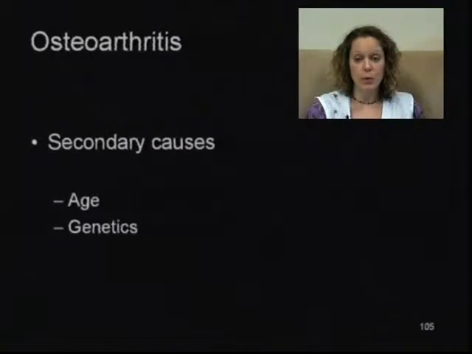So for example, secondary cause, certainly it's not a disease to be older, but aging is a secondary causative factor for osteoarthritis. Genetics can also play a role, meaning that you have a family history of osteoarthritis, and other members of the family develop it as well.